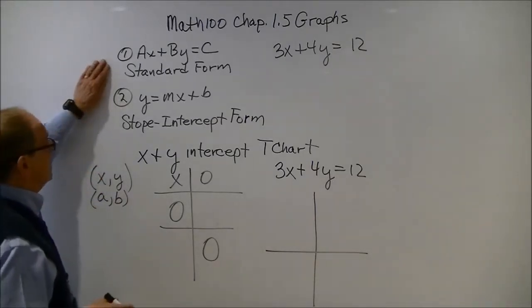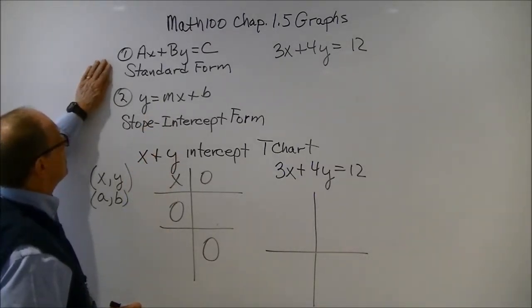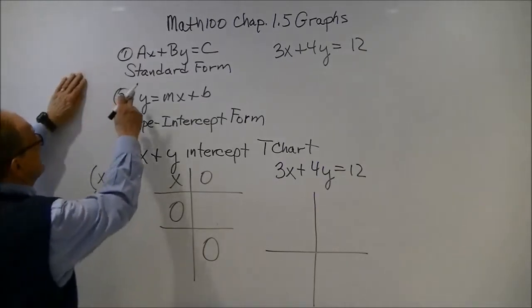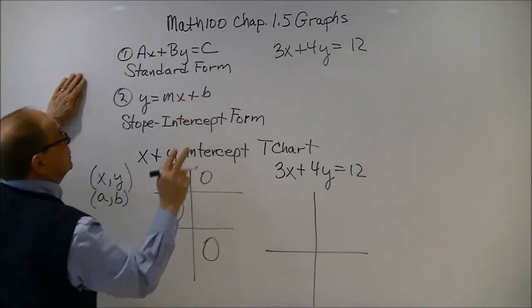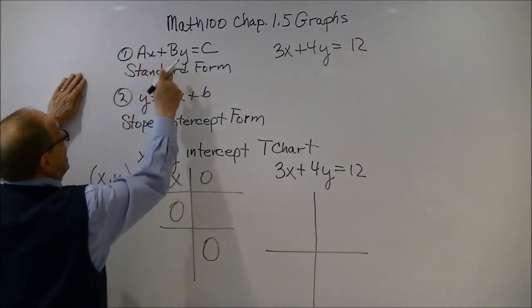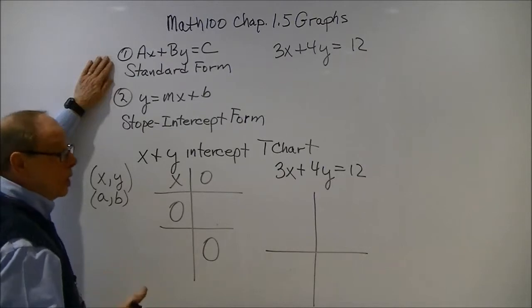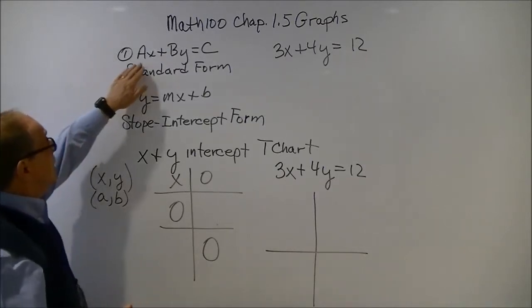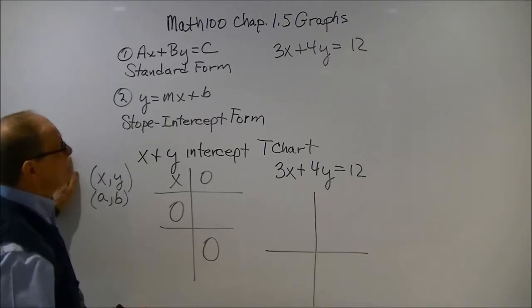First off, as we deal with the graphs, one of the main things we come across is this standard form of the linear equation in two variables, x and y. We often call that Formula 1, standard form of the linear equation in two variables.